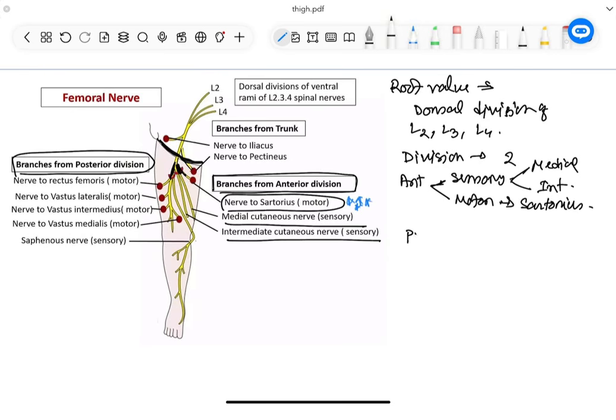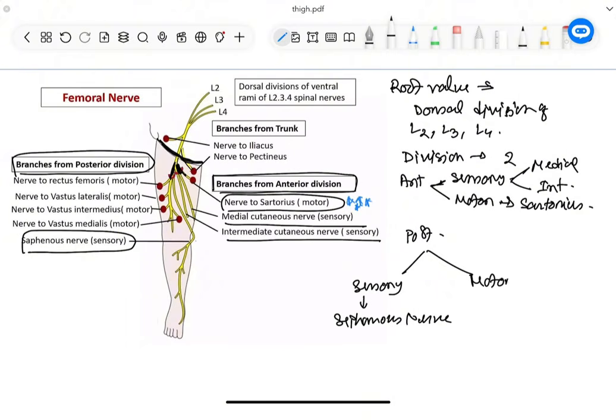Now, come to the posterior division. The posterior division also gives cutaneous branches, called the saphenous nerve, which is sensory. So, again it has 2, one is sensory, that is the saphenous nerve, and another is motor.